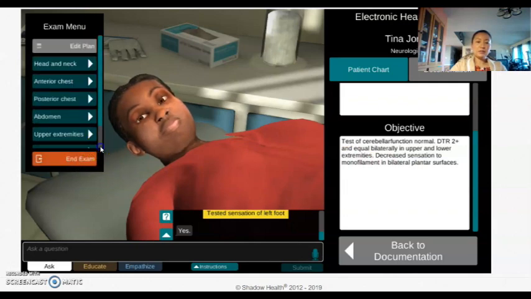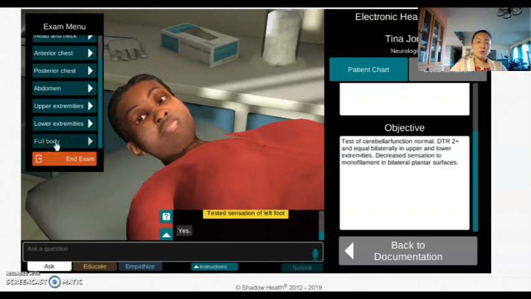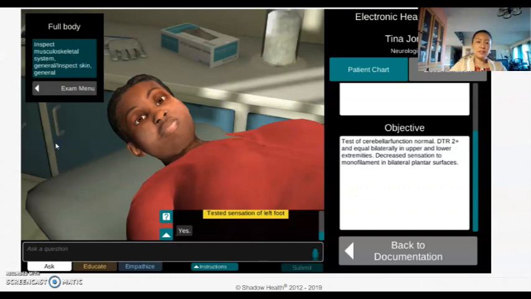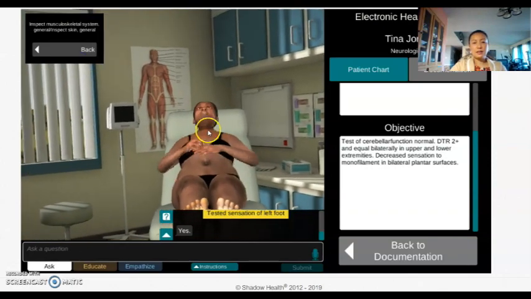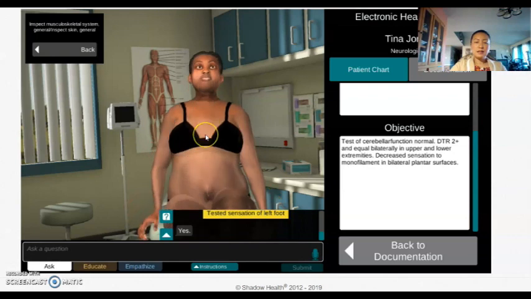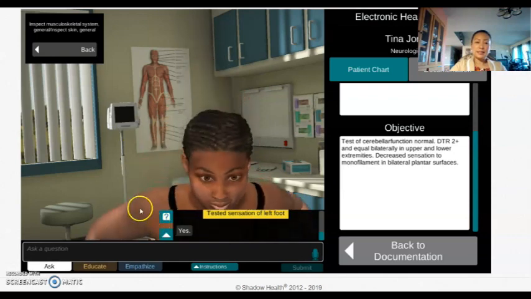Okay, and now the last one, I am going to assess the skin and nails. It's like a full body inspection, and I'm going to start on the upper extremity, specifically the neck area.